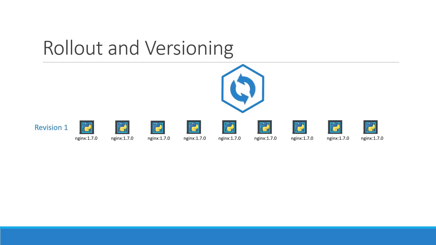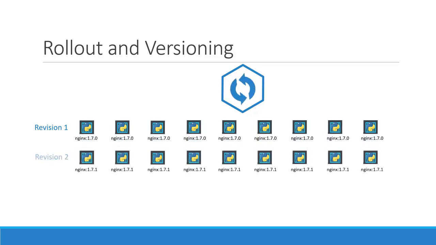In the future, when the application is upgraded, meaning when the container version is updated to a new one, a new rollout is triggered and a new deployment revision is created, named revision 2. This helps us keep track of the changes made to our deployment and enables us to roll back to a previous version of the deployment if necessary.